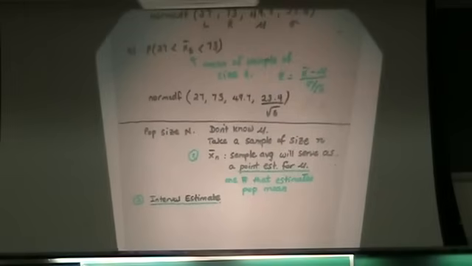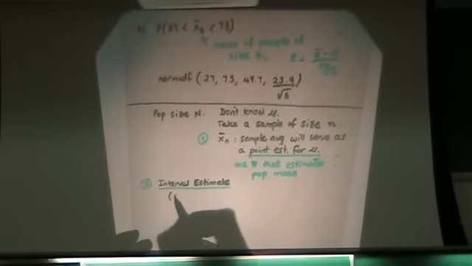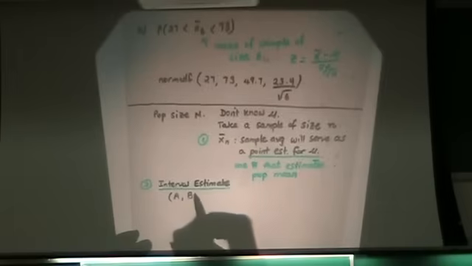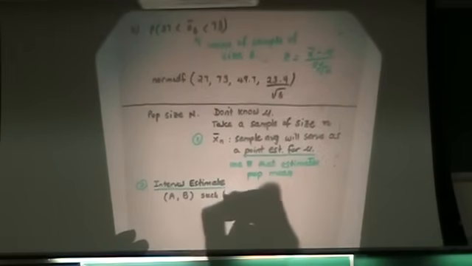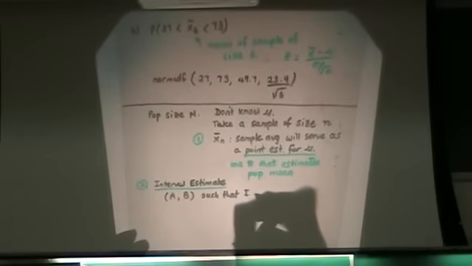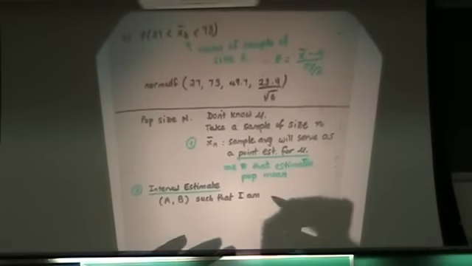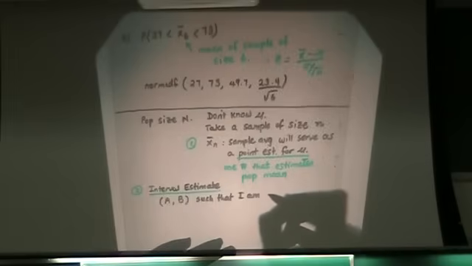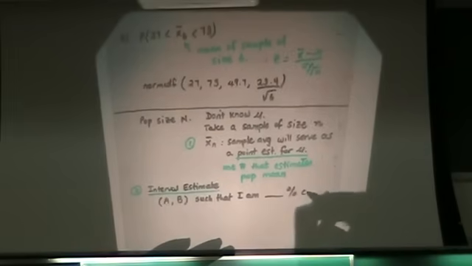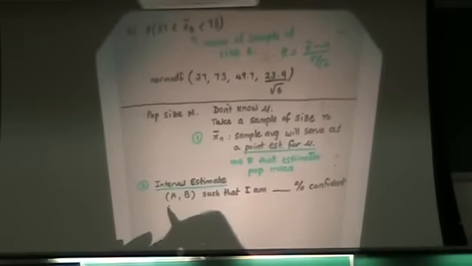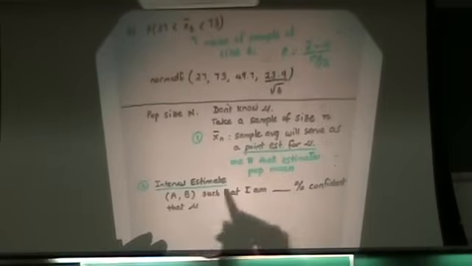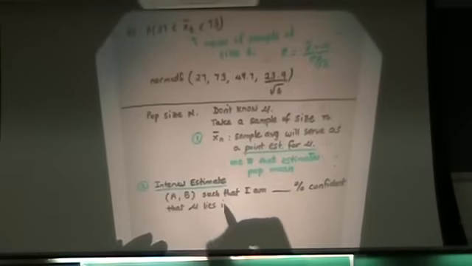So I'm looking for an interval like this, a comma b, such that I am a certain percent confident that mu lies in this interval.